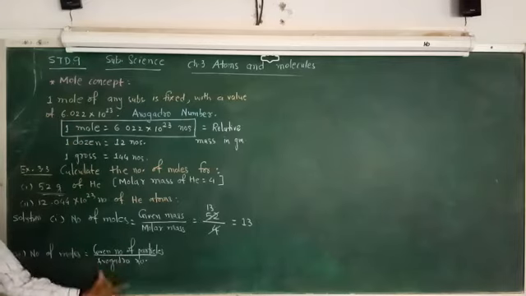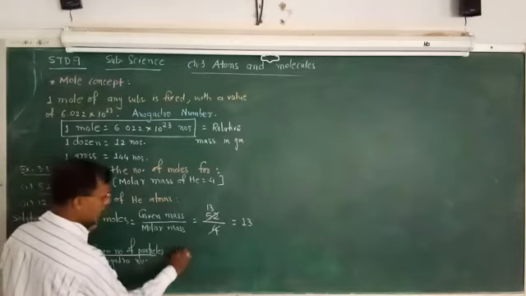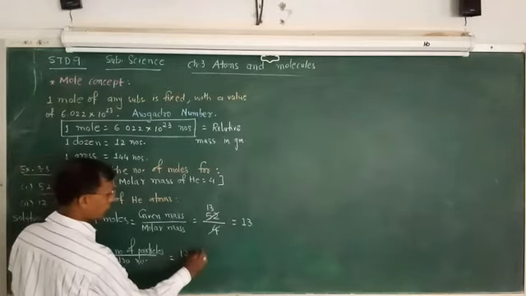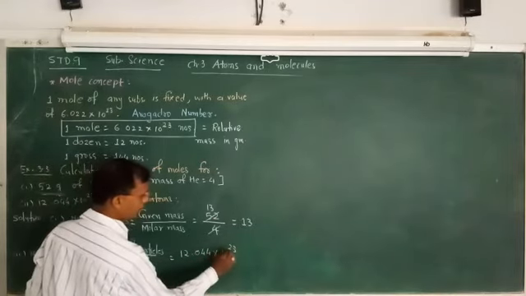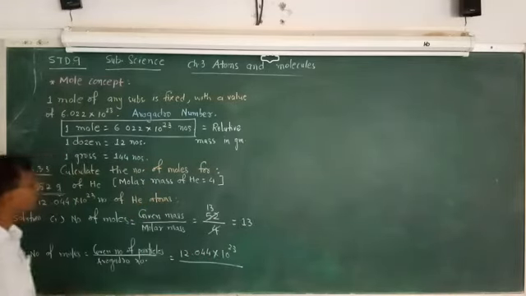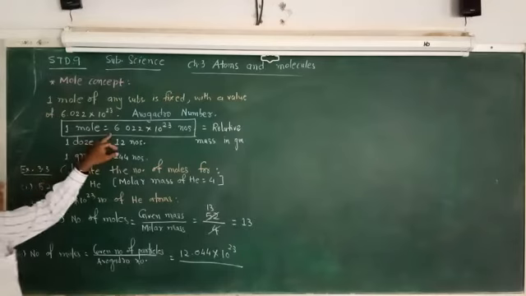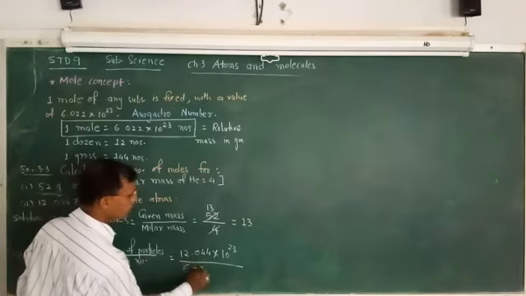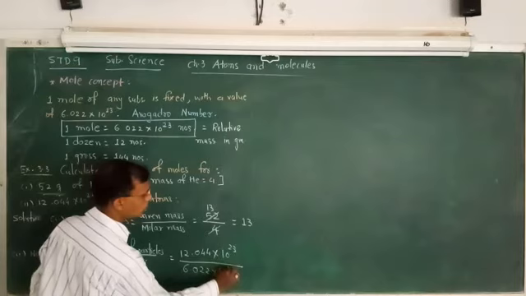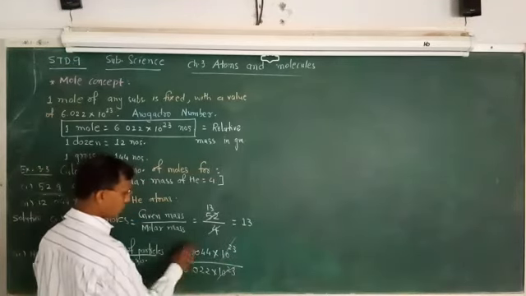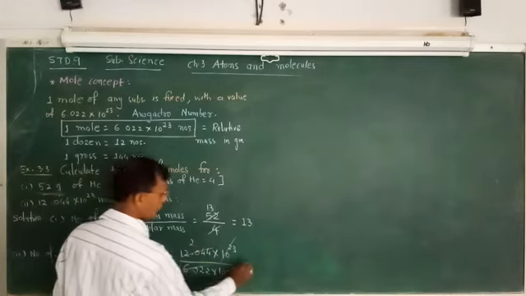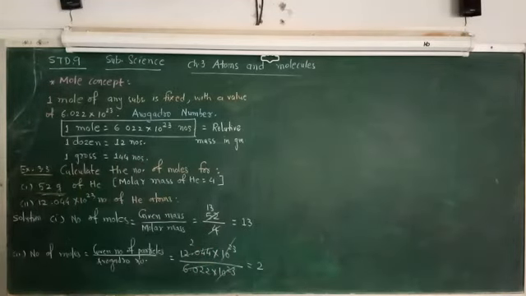So the given number of particles is 12.044 × 10^23 divided by Avogadro's number, 6.022 × 10^23. 6 twos are 12, so the number of moles will be 2.